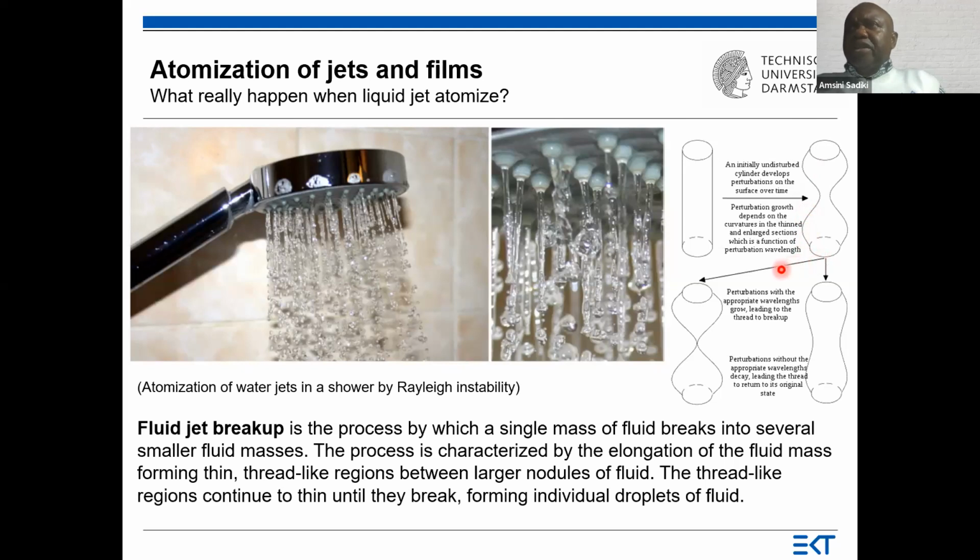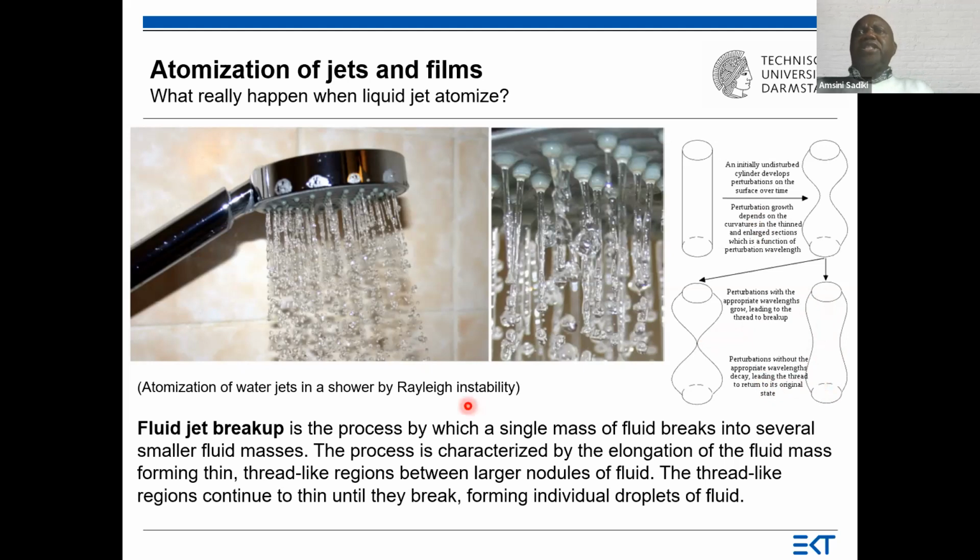If this perturbation with the appropriate wavelength grows further, this can lead to the strait and to breakup here. If this perturbation doesn't correspond to an appropriate wavelength, then the jet will keep its initial form.